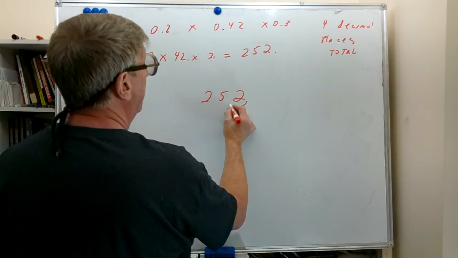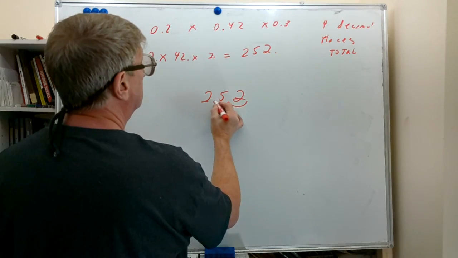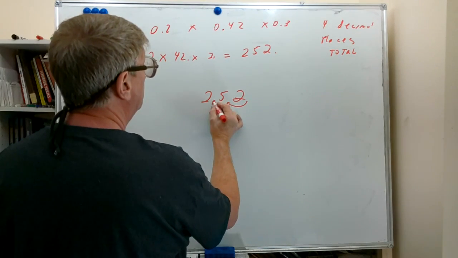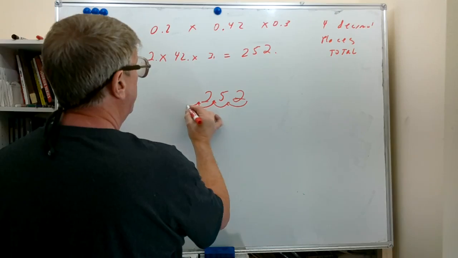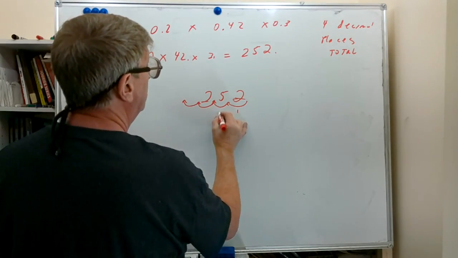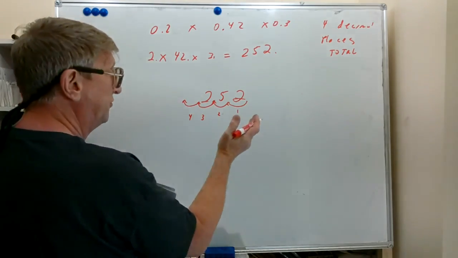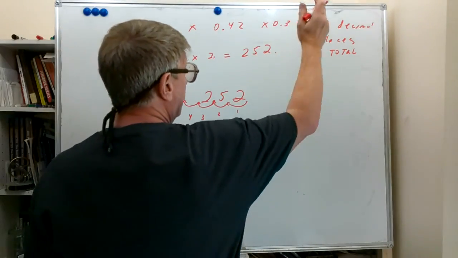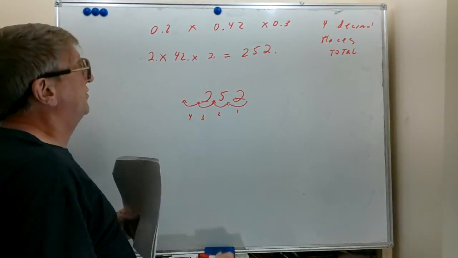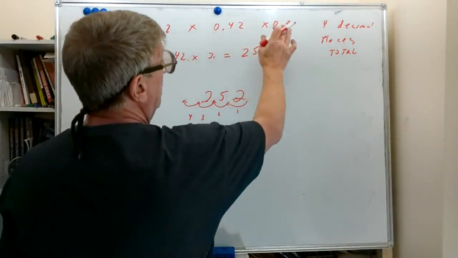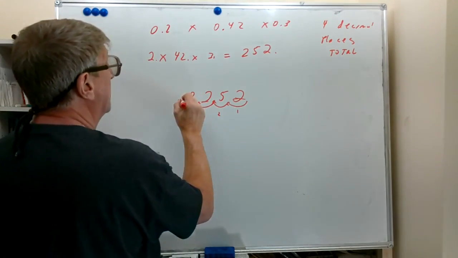And we need to move that 1, 2, 3, 4 places to the left so that the number of decimal places in our answer is equal to the total number of decimal places in our problem. So we've got to put a 0 here to accomplish that.